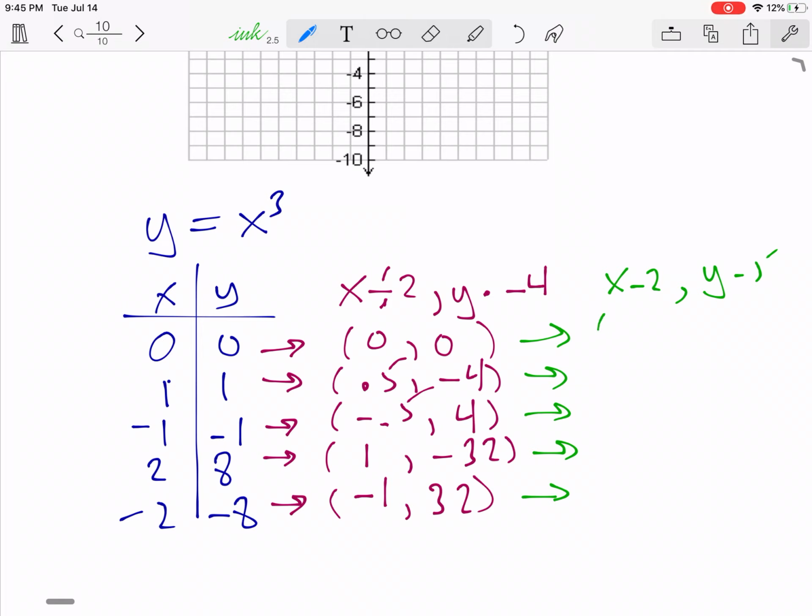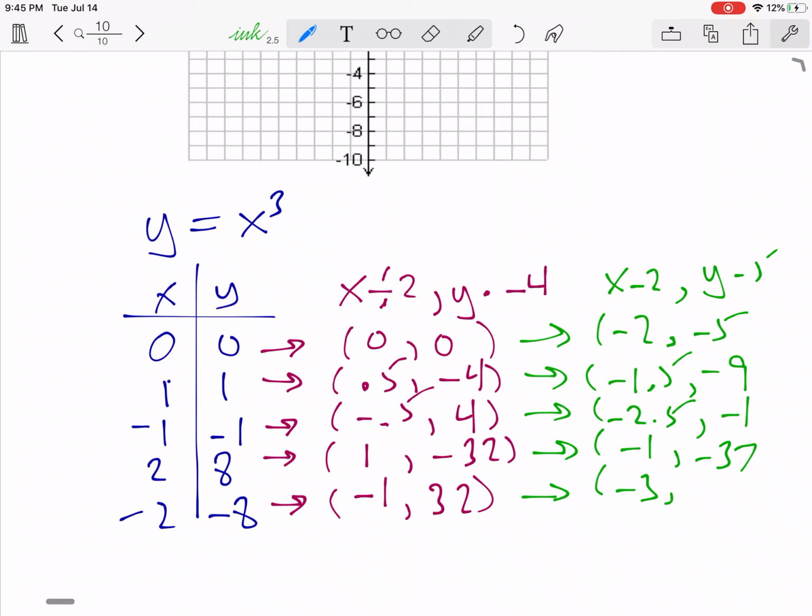So we're doing the x first here: -2, -1.5, -2.5, -1, and -3. Then subtract 5 from the y's, so 0 minus 5 is -5, -9, -1, -37, and 27. Okay, so we got that done.